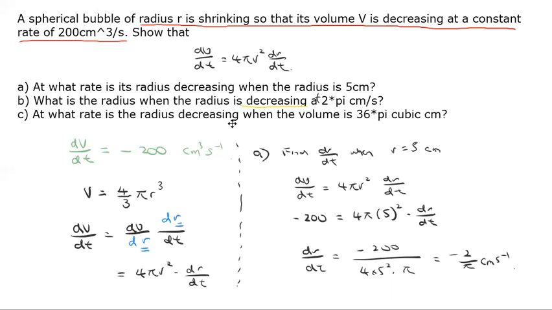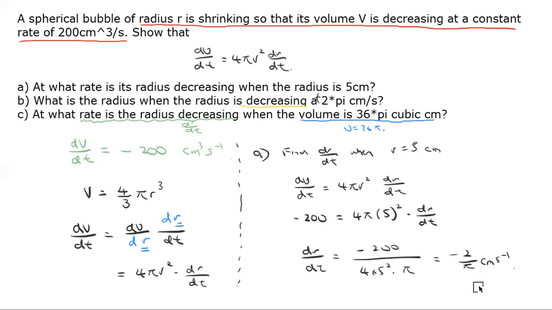Correct. At what rate is the radius decreasing, so that's dr/dt, when the volume is 36 pi.